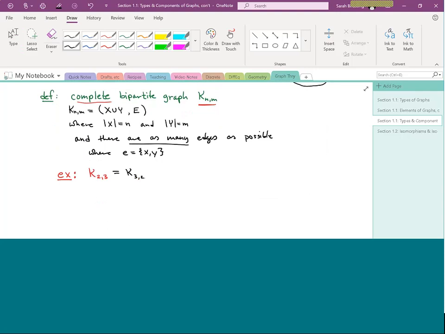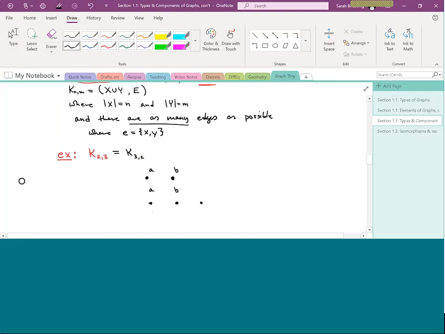Okay. If you wanted to look at this guy, say maybe we looked at the two groups of vertices in terms of rows. So maybe you have something like this, put two guys in the top row and three vertices in the second row. So here, maybe we have A and B, and maybe in that second row, I'd do 1, 2, and 3, just so it's obvious which vertices are in which set.